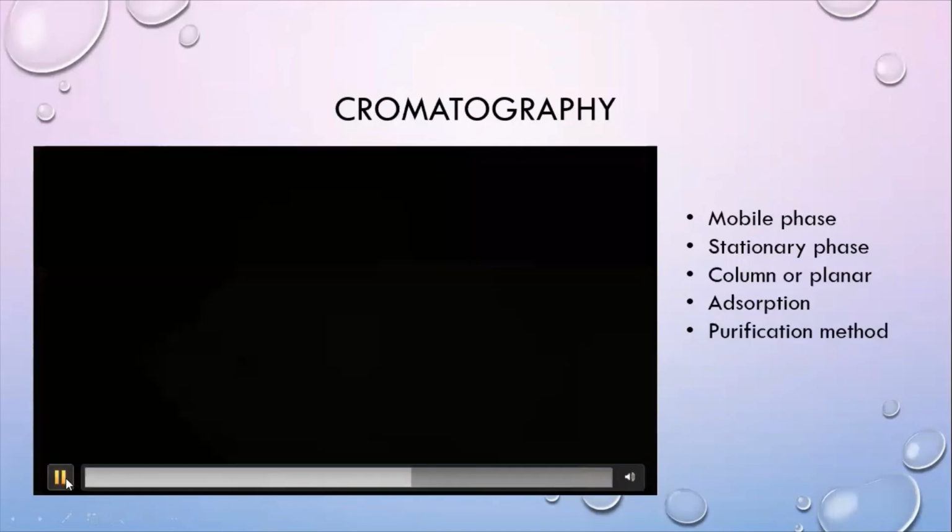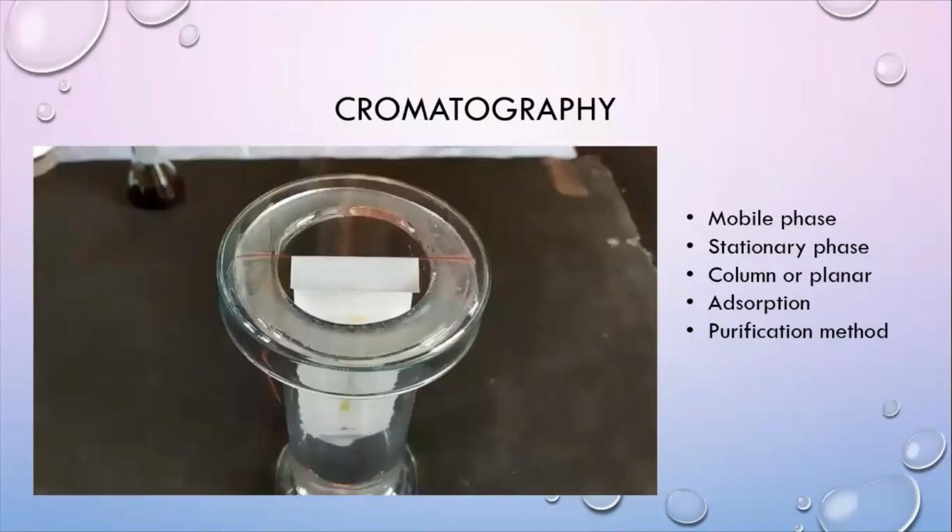So what's going on here is that you need a stationary phase, which is paper in this particular example. We have a mobile phase, which would be the liquid, the solvent that you use to separate. And we need a column or a planar.